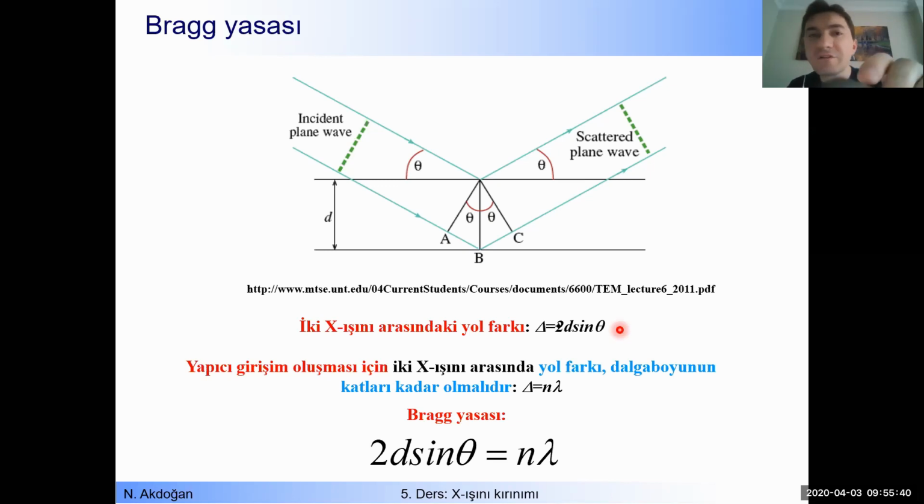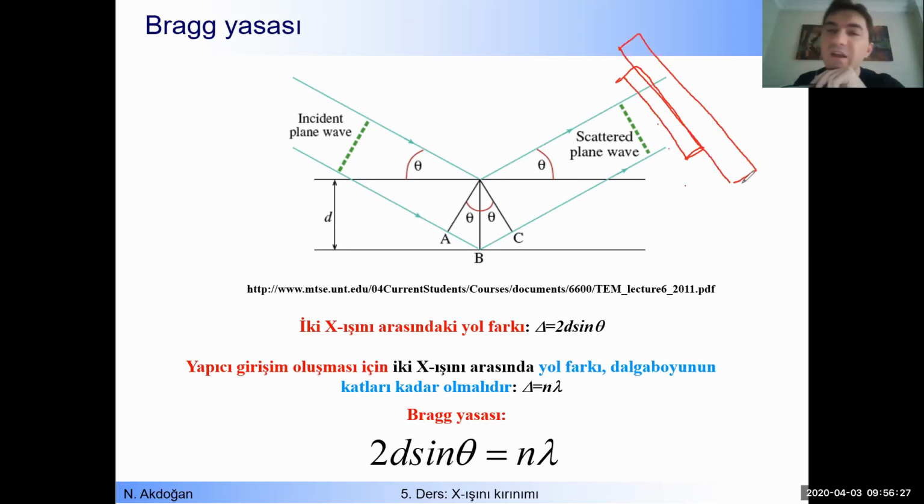So in order to see a signal in the detector, so the detector is waiting there. Okay, here we have a detector, and this was the X-ray source. In order to see a signal in the detector, these two X-rays must reinforce each other, okay?